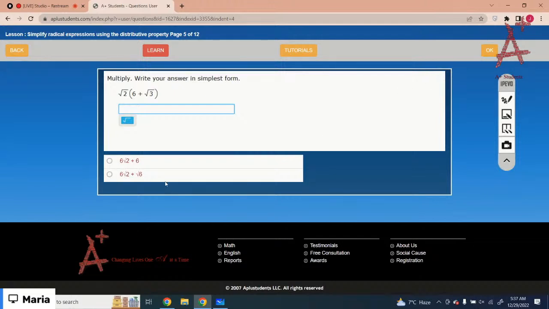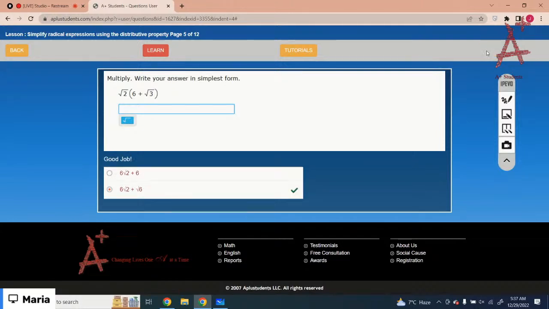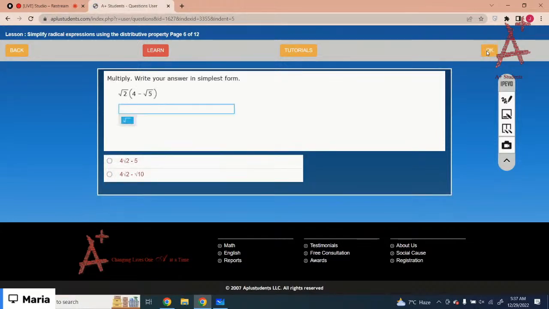Got it? So just select the correct option, then click on the OK button. So which of the option is the correct one?